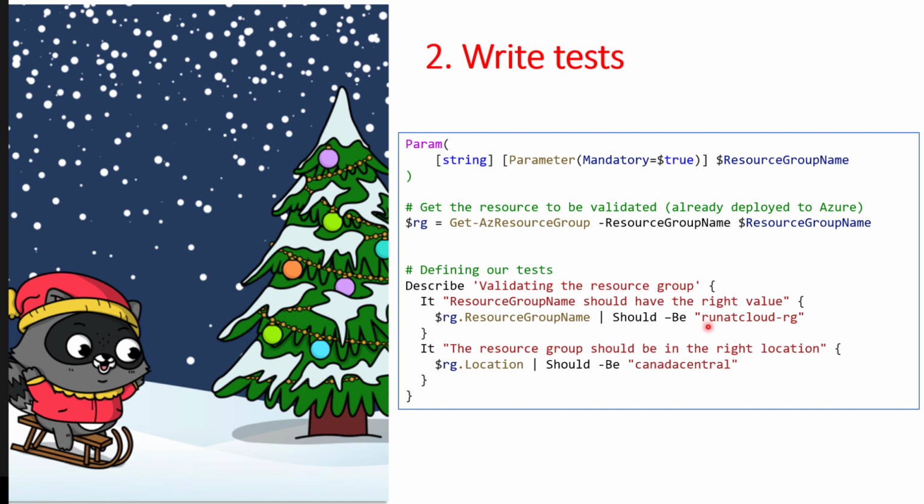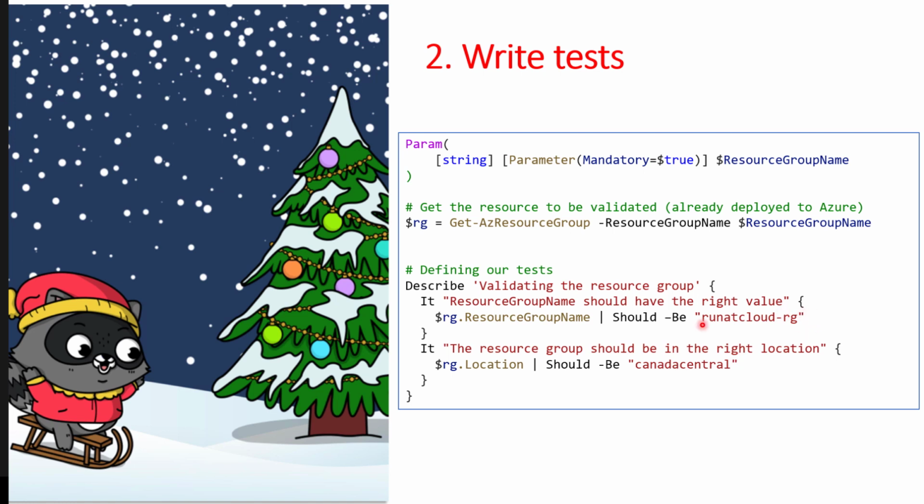But here you see that I have hard-coded values. So this is not very useful if I have multiple Azure environments. Let's say I have a dev and a UAT and a production environment. I will not want to replicate that same test script over and over.